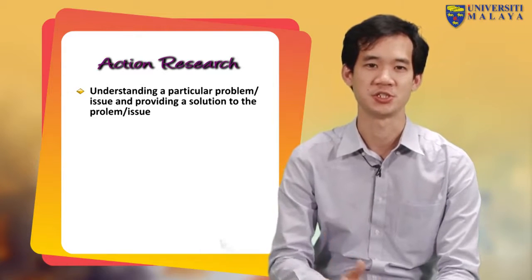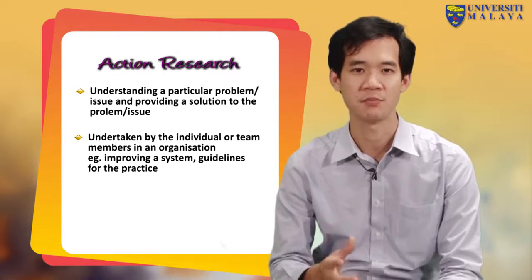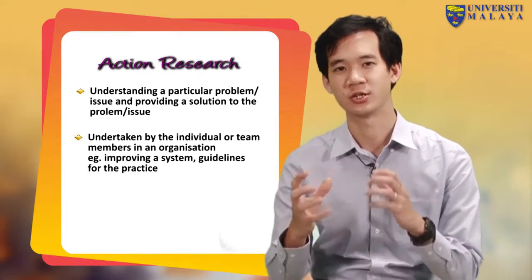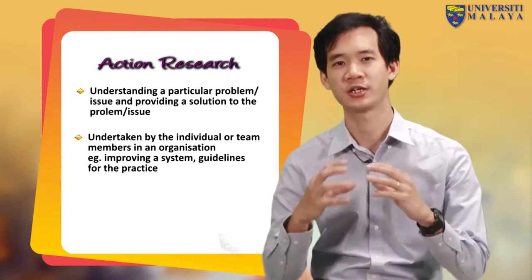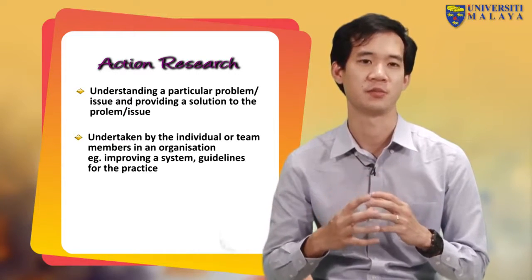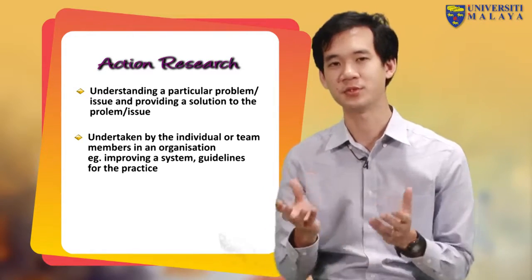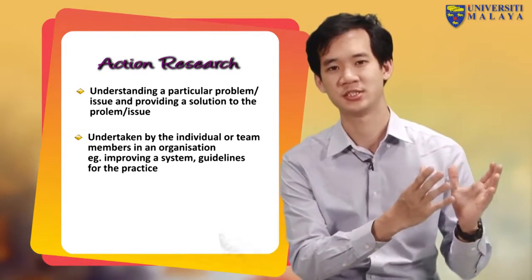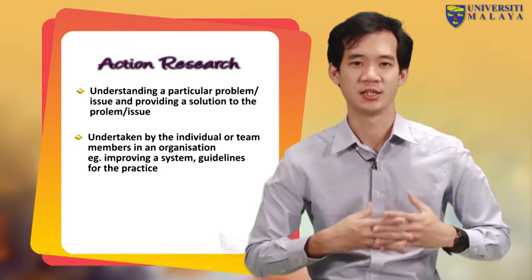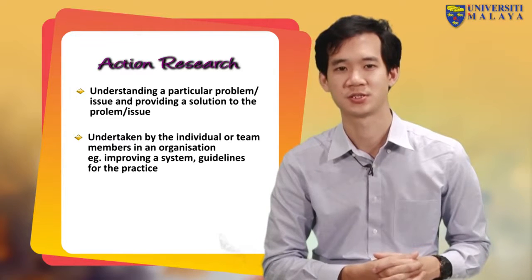So action research is usually undertaken by an individual who is either an active member or has a collaborative relationship with the organization or the group or the population facing the problem or issue. Based on the research that they conduct, they are able then to suggest improvements to the system, to suggest guidelines for best practice to improve that area of interest.